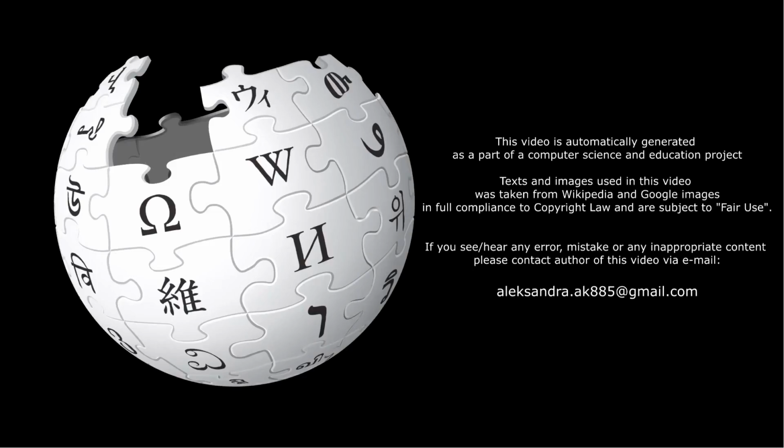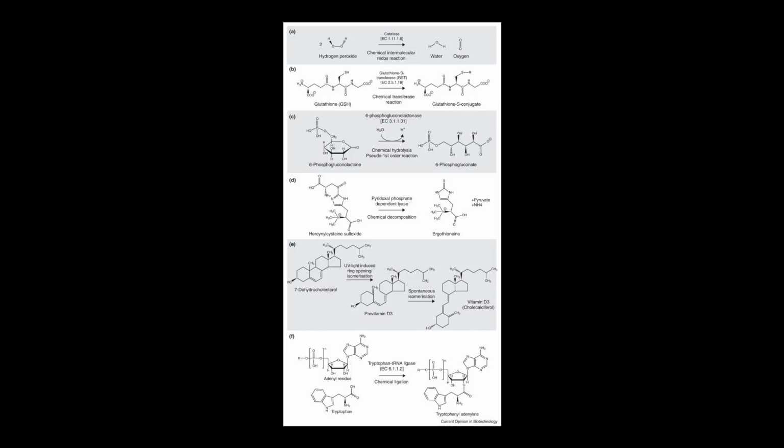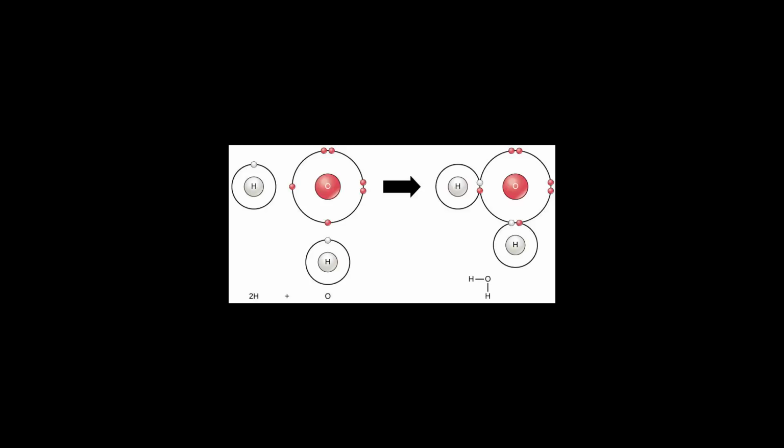The O2 remaining after oxidation of the water molecule is released into the atmosphere. Water oxidation is catalyzed by a manganese-containing enzyme complex known as the oxygen-evolving complex, OEC, or water-splitting complex, found associated with the luminal side of thylakoid membranes. Manganese is an important cofactor, and calcium and chloride are also required for the reaction to occur.